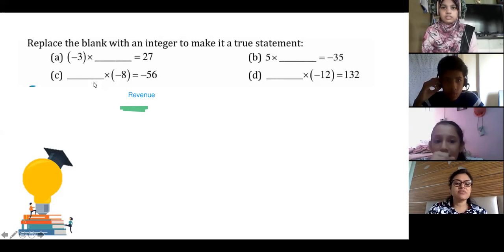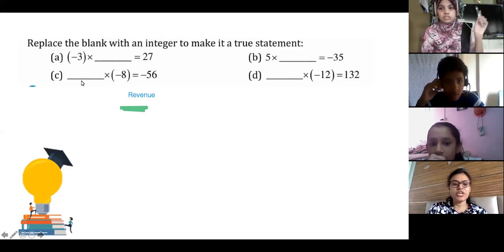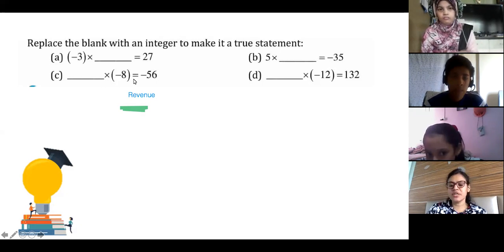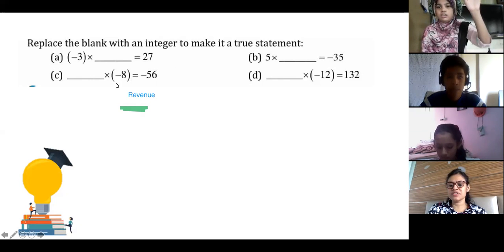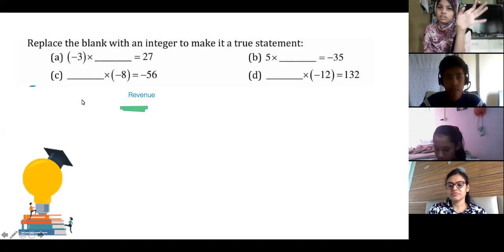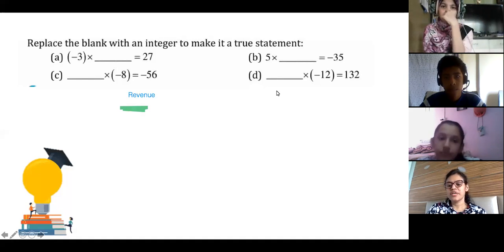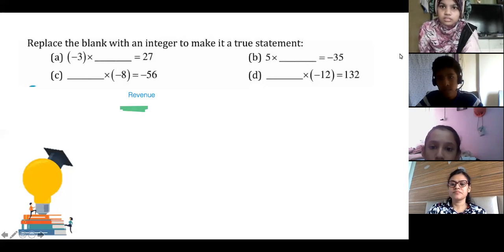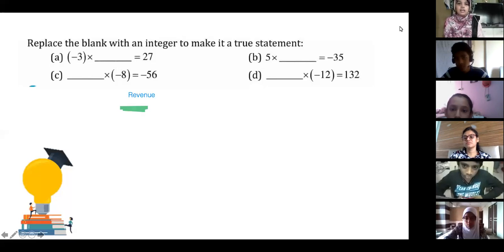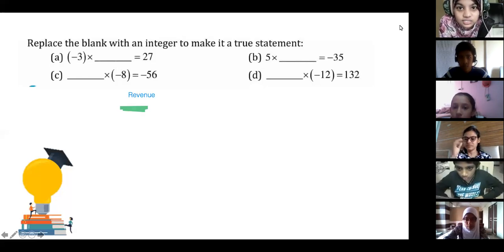Munib, dash into minus 8 is equal to 56. 7. Yes, 7. Safia, D part: dash into minus 12 equals 132.